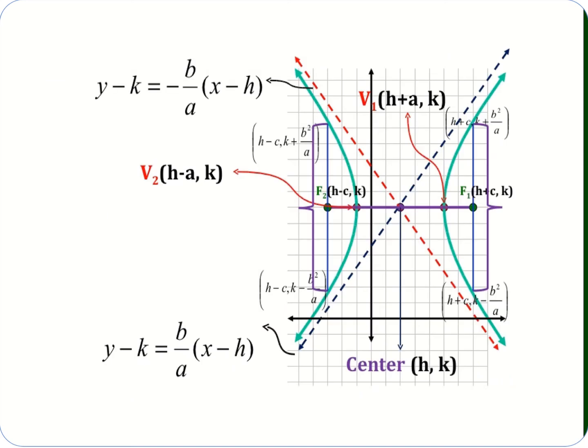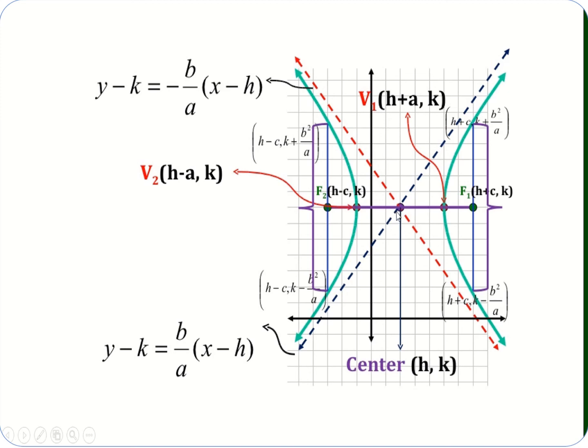So we have here the graph if horizontal. We have the center, so (h, k) is the ordered pair.